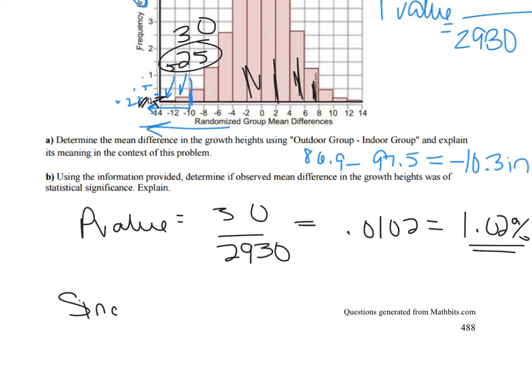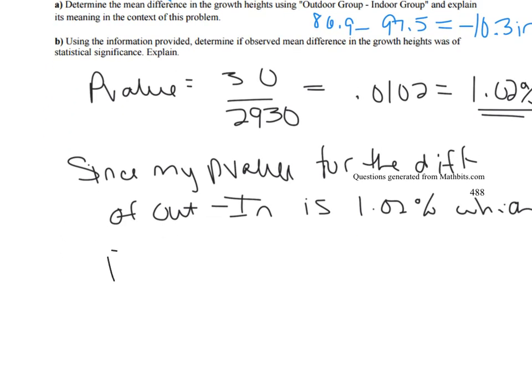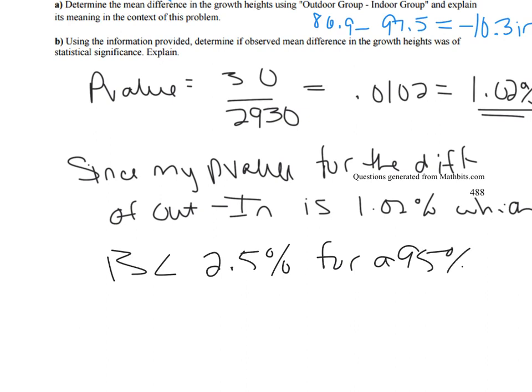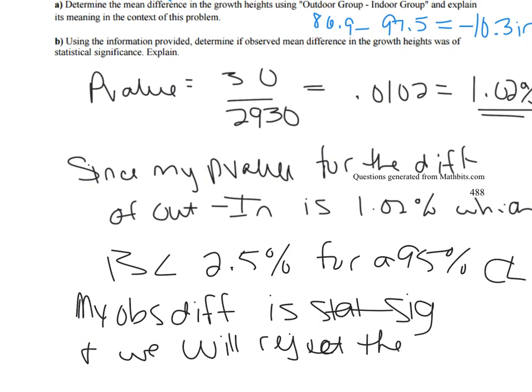So, since my p-value for the difference of outdoor minus indoor is 1.02%, which is less than 2.5% for a 95% confidence level, my observed difference is statistically significant, and we will reject the null.